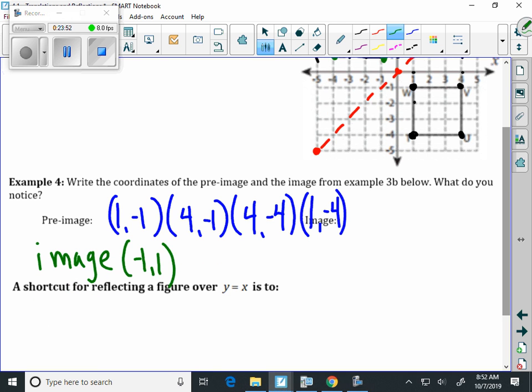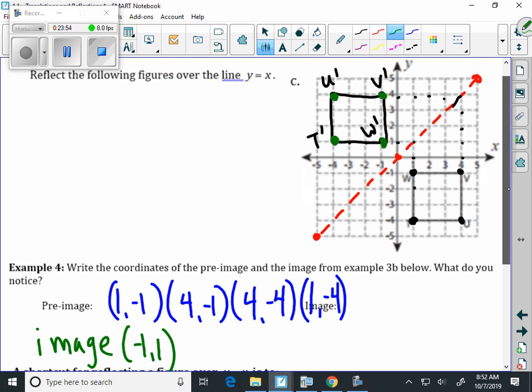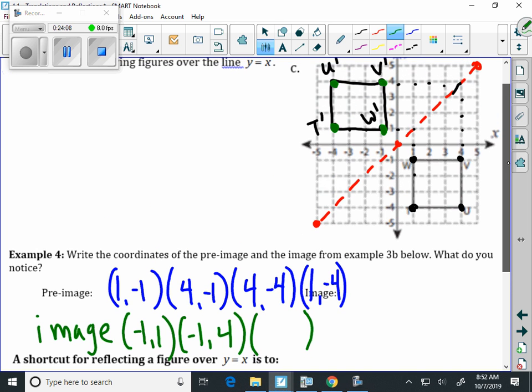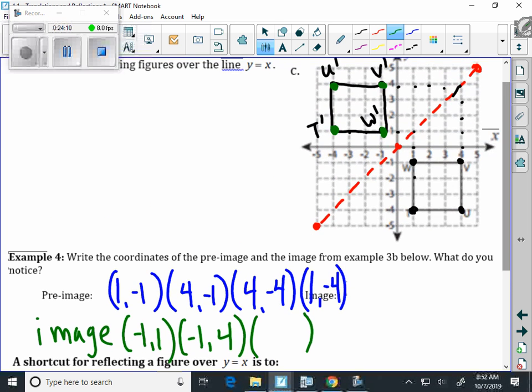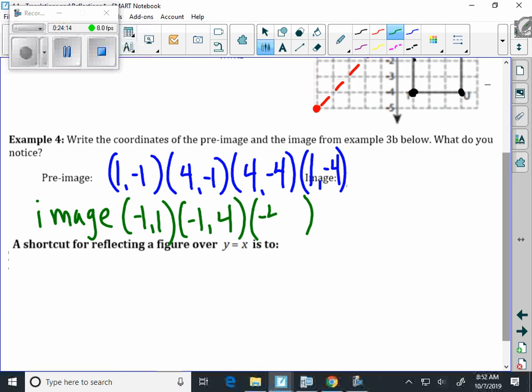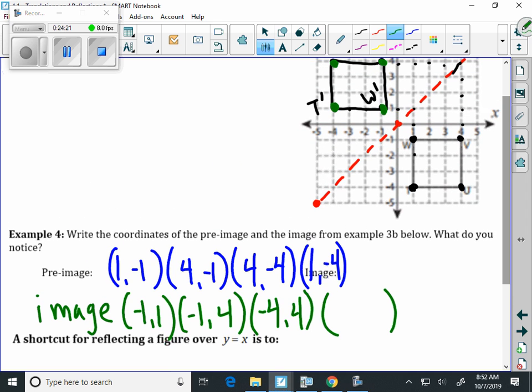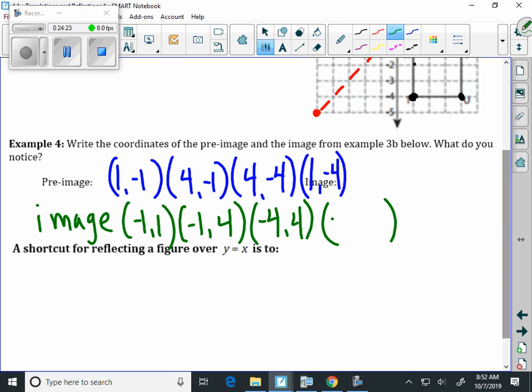V is negative 1, 4. U is negative 4, 4. And the last one, T, is negative 4, 1.